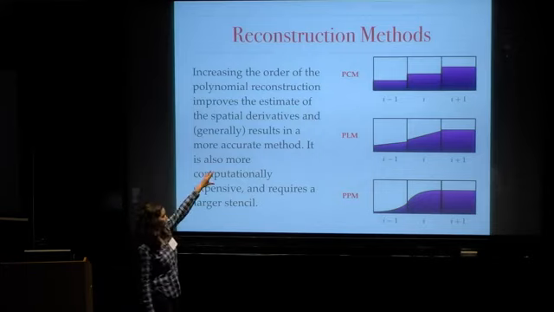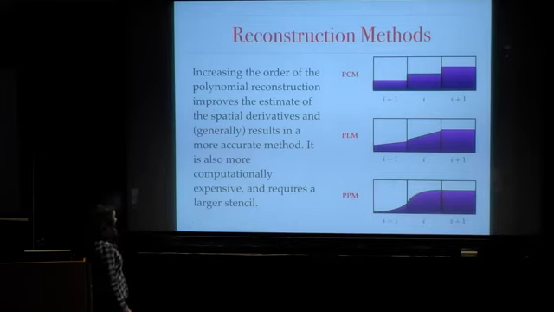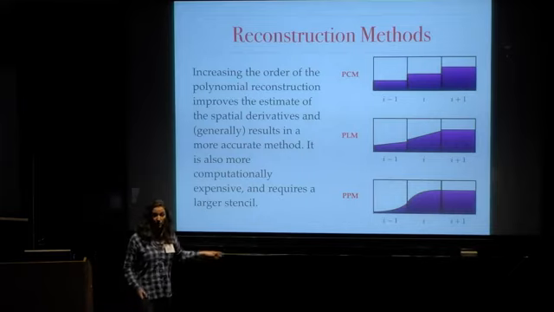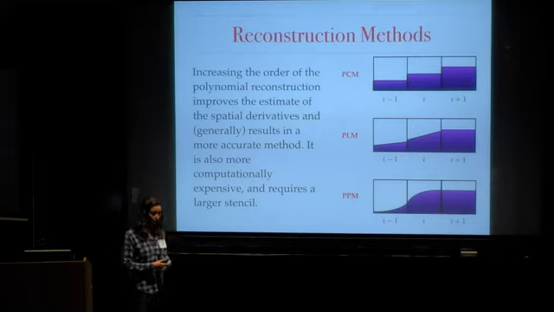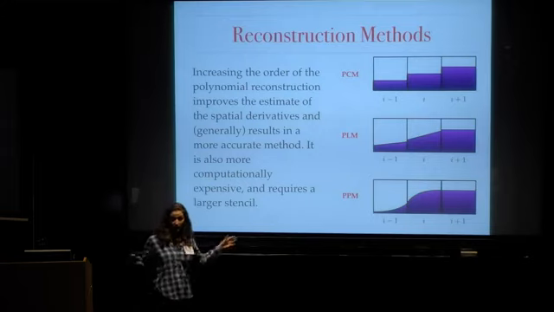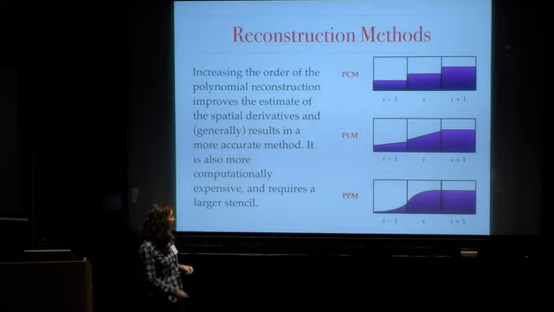So, piecewise constant method versus piecewise linear method versus piecewise parabolic method. Something to note, it does generally result in a more accurate computational method, although I should note that this is only for regions of smooth flow. So at discontinuities like shocks, all of these methods revert to first order, and you need them to, otherwise you develop these violent unphysical oscillations.